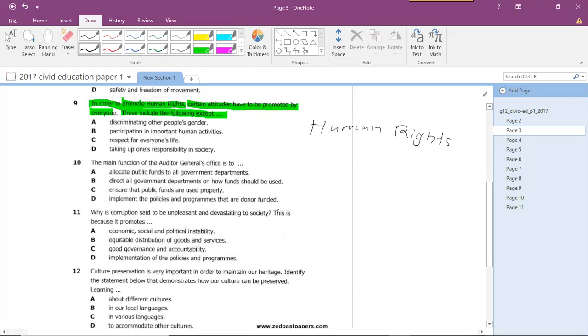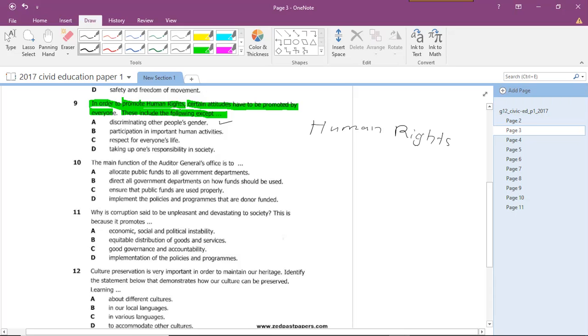So everything that's not humane will be the correct answer. Here, discriminating other people's gender, this is not humane, so this is actually the correct answer. Participation in important human rights, this is good. Respect for everyone's life, this is good. Taking up one's responsibility in society, this is good.